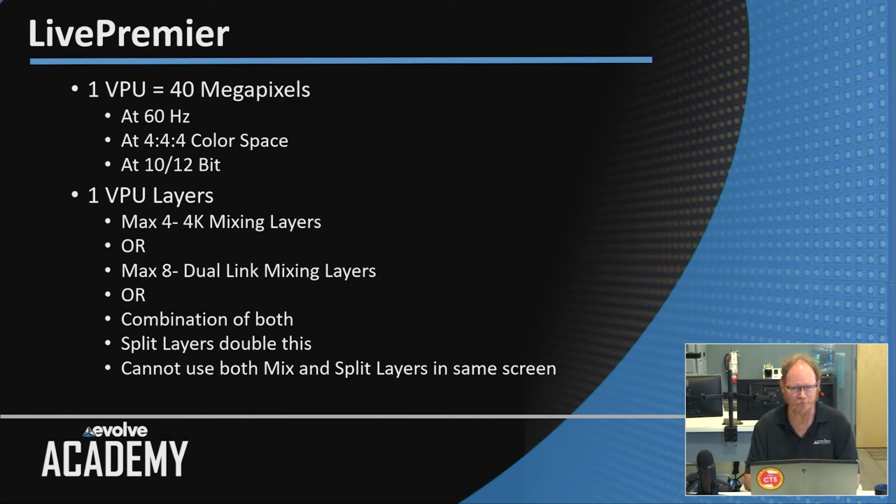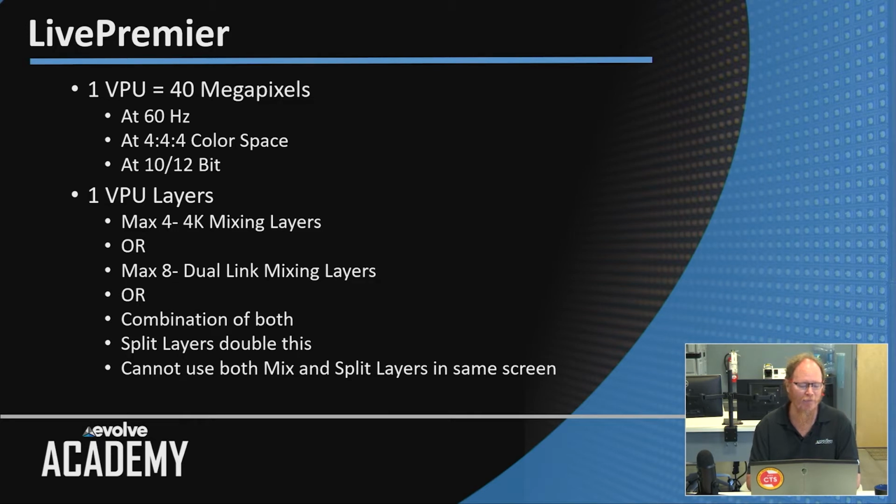On a single VPU with 40 million pixels, you can get 4 4K mixing layers. So that's 4 outputs of 4K. Each of those outputs can have 1 4K mixing layer, or 1 output at 4K with 4 4K mixing layers, or mix and match.